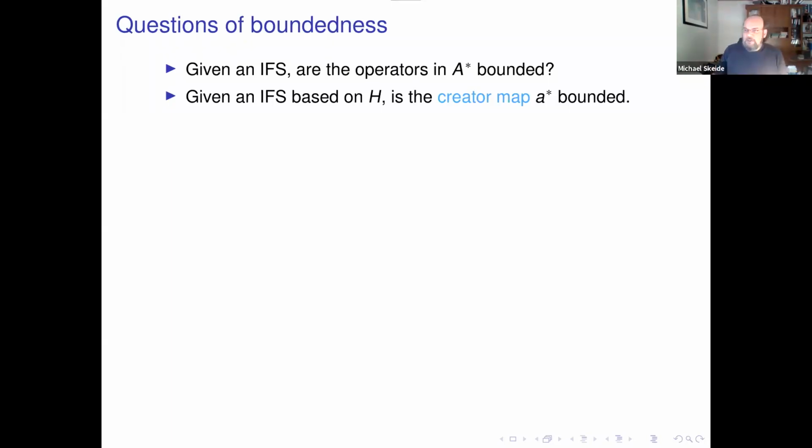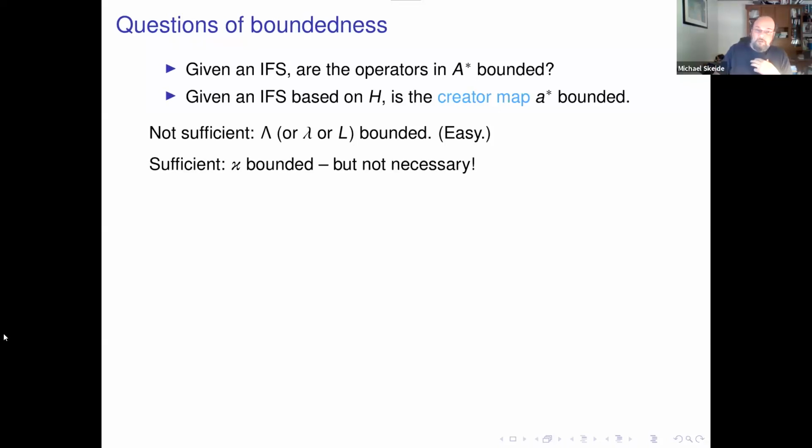So for which of them do we get bounded sets of creators? Not sufficient is to have lambda or related operators bounded. Just looking at the one and two particle sector is enough to get counterexamples. Sufficient is if kappa is bounded. If kappa is bounded, everything is bounded, but it's not necessary.